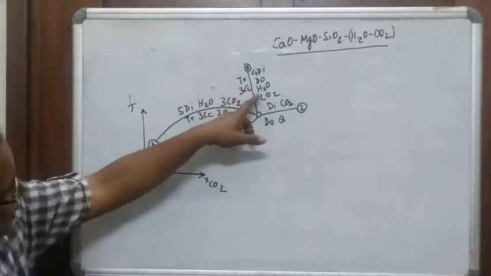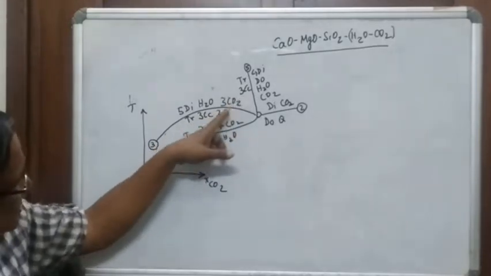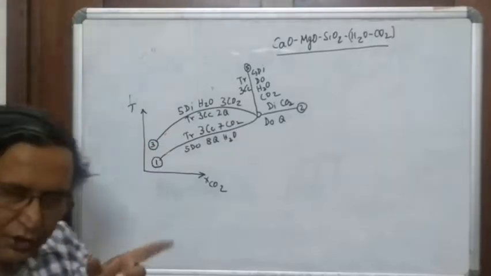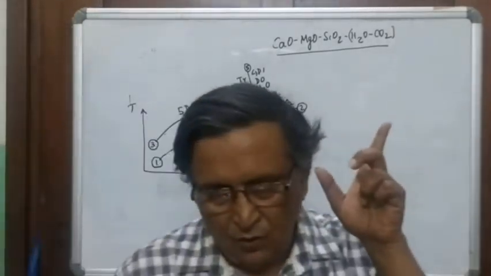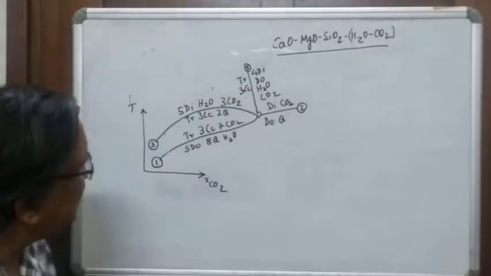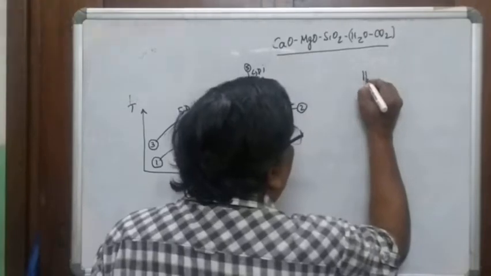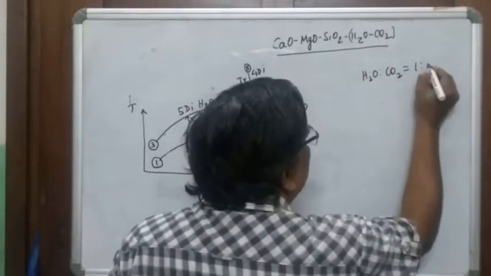So in these two cases, they are very similar, except that here H2O and CO2 are produced in the ratio 1:3. That means for this reaction, reaction 3, H2O to CO2 is equal to 1:3.